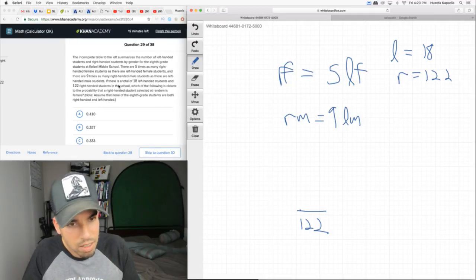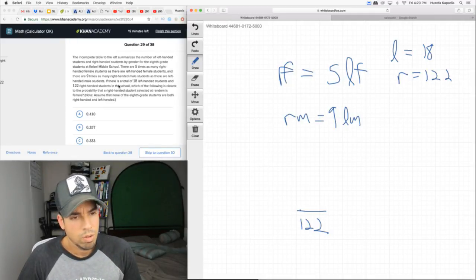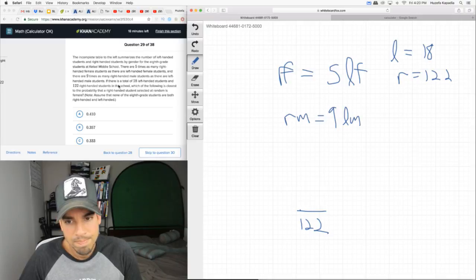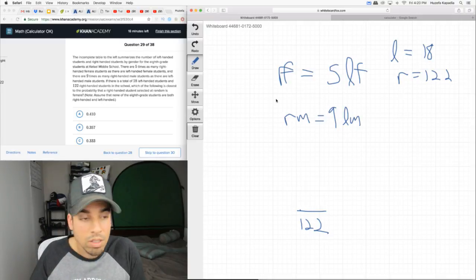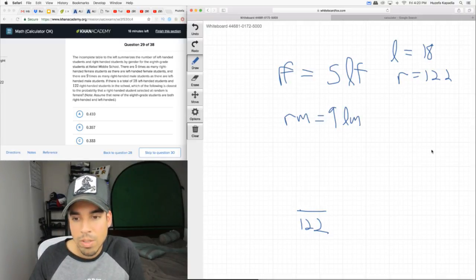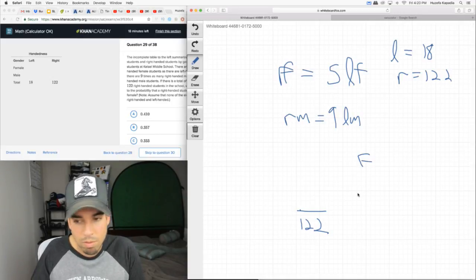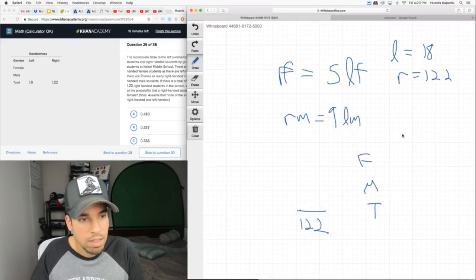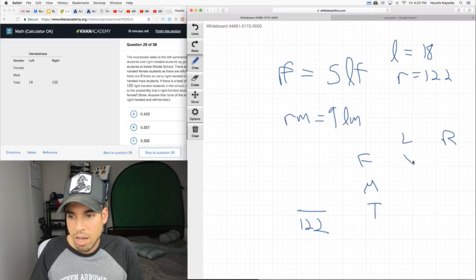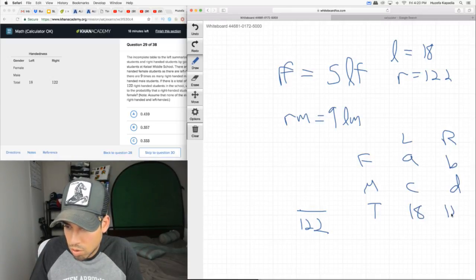This is a complicated system of equations. I'm really struggling with this here. So here's what I'm going to do. I'm going to say female, male, total, and then left, right. I'm going to say A, B, C, D, and then total is 18, total is 122.